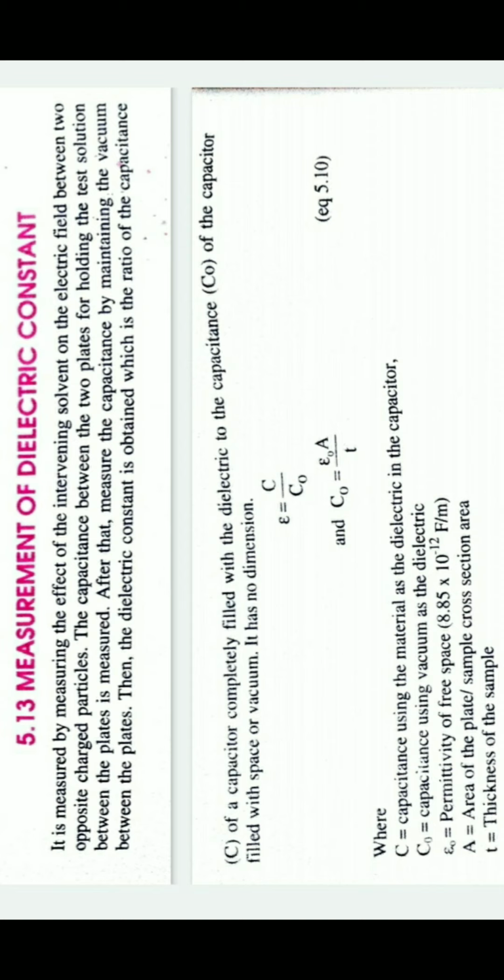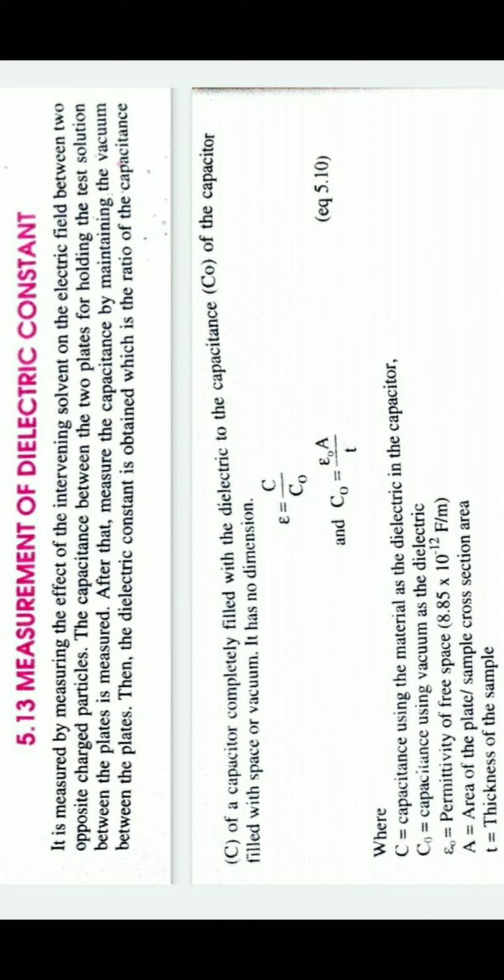After that we remove the test solution and maintain the vacuum between the plates. Now this ratio is measured, and the dielectric constant is obtained, which is the ratio of the capacitance of the completely filled dielectric to the capacitance of the capacitor filled with the vacuum.